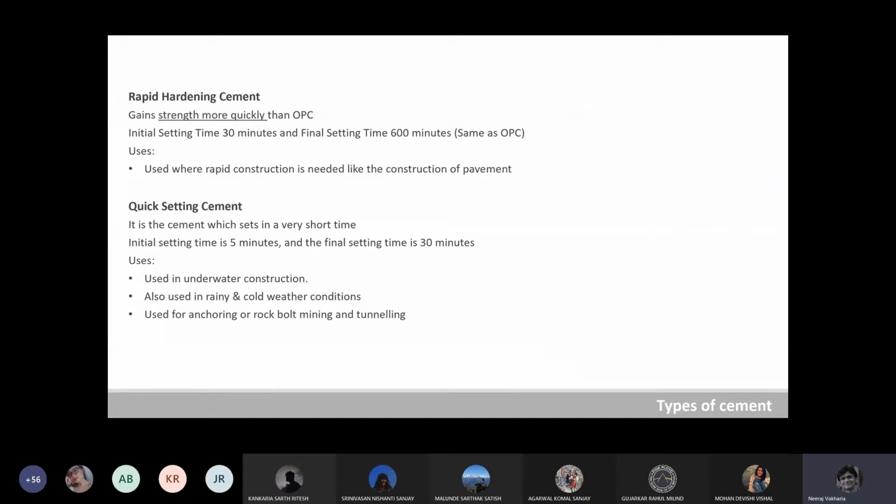Then comes the rapid hardening cement. This is OPC with a higher content of tricalcium silicate. It gains strength more quickly than regular cement.